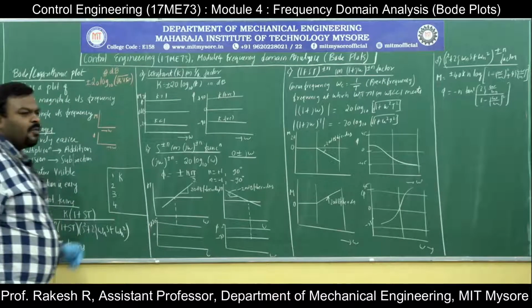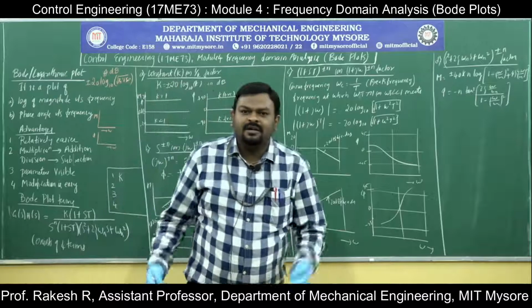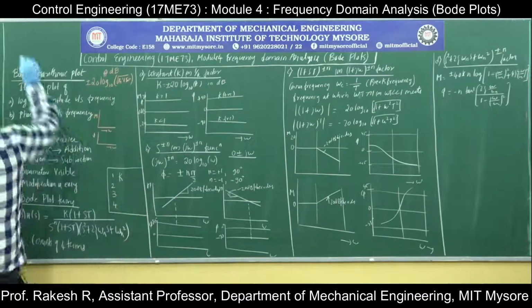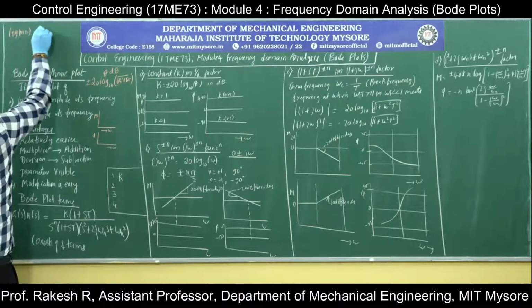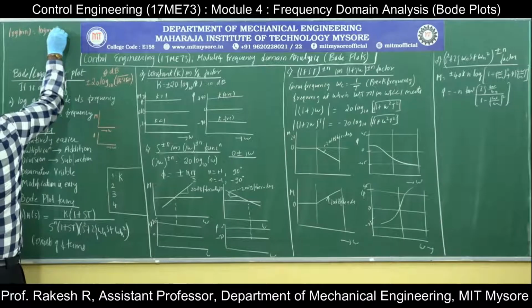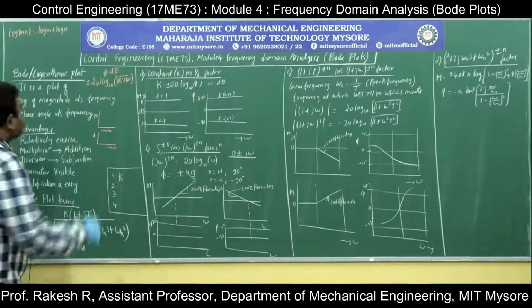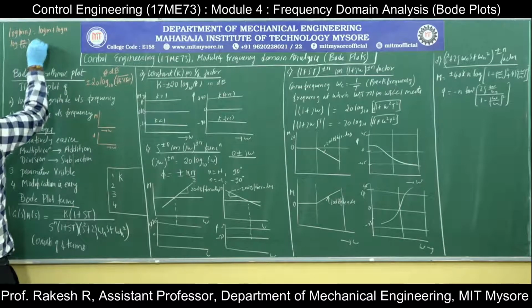Then, what are the advantages of the Bode plot? Since it is a logarithmic plot, the log has advantages like this. Log mn, what is it? Log m plus log n. If there is a multiplication, you can split it. Then log m by n, what is it?